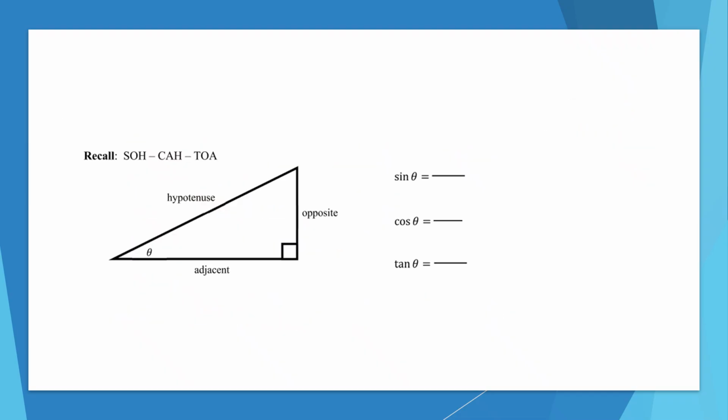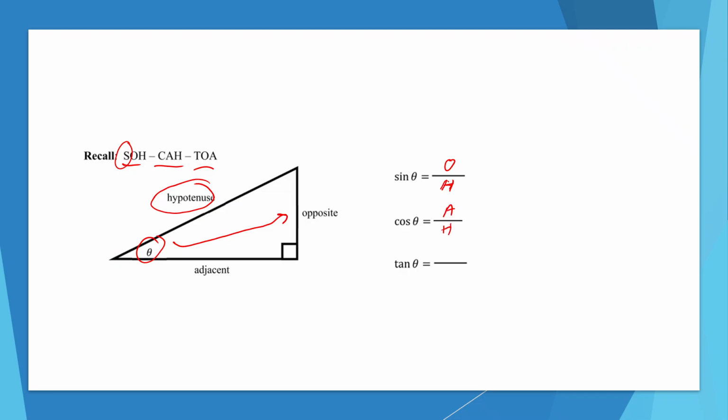All right, so now an important thing for this lesson is making sure you remember SOHCAHTOA. That's kind of why I had you do the trig review. Sine is going to be, of this angle, the opposite side, which is just the side across from it, over the hypotenuse, which is the side that is always opposite the right angle, so O over H. Cosine is going to be adjacent over hypotenuse.